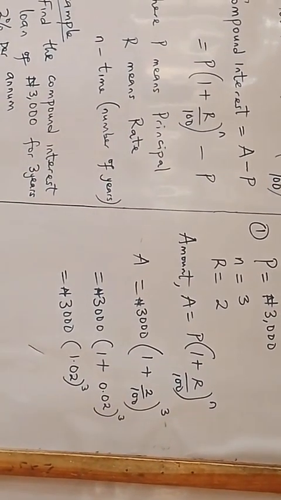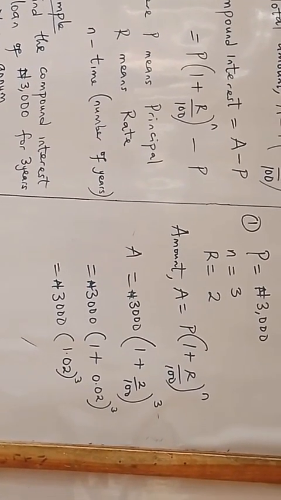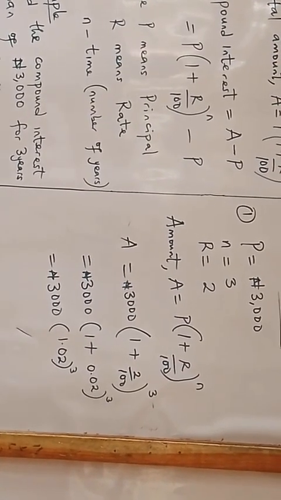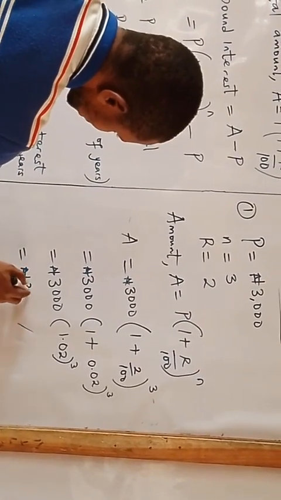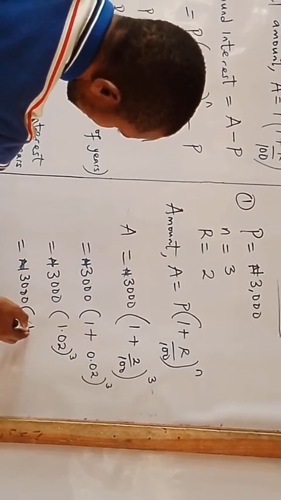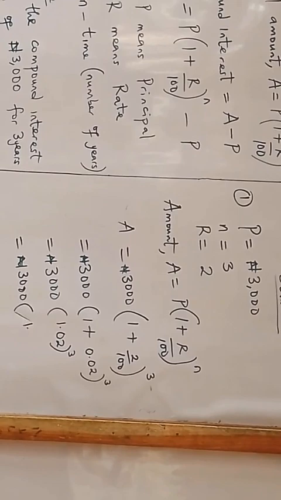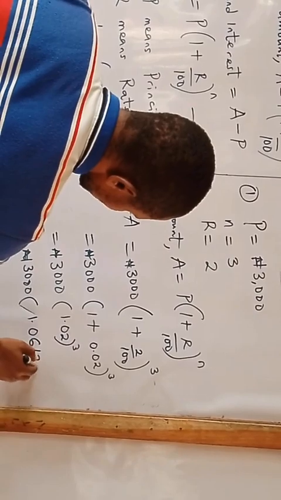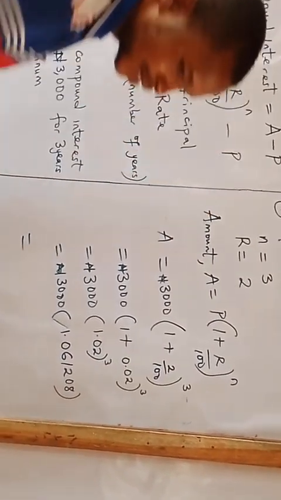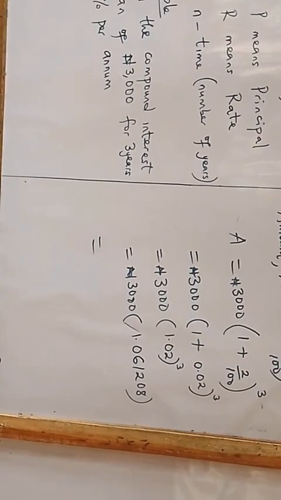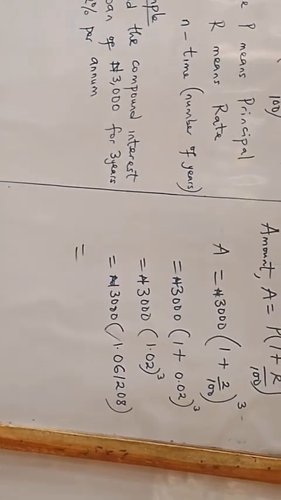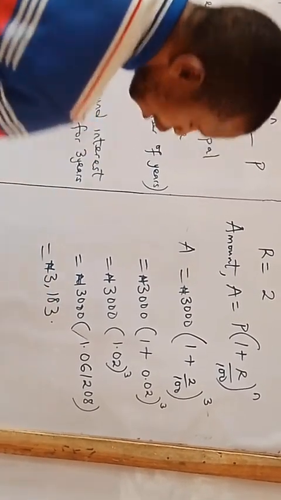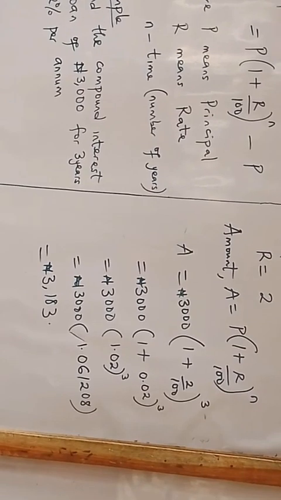And we are going to raise 1.02 raised to power 3. And the answer will be, by the time we press our calculator, 1.061208. Then we are going to multiply 3,000 by that value. All what you need to do is to press your calculator. You are going to have 3,183 naira 0.624.